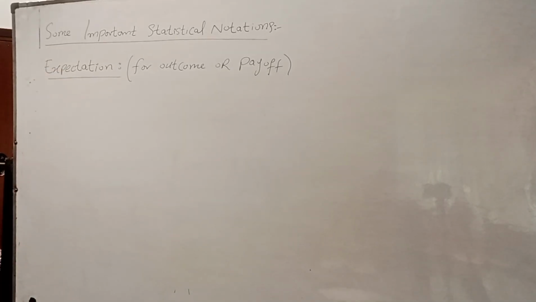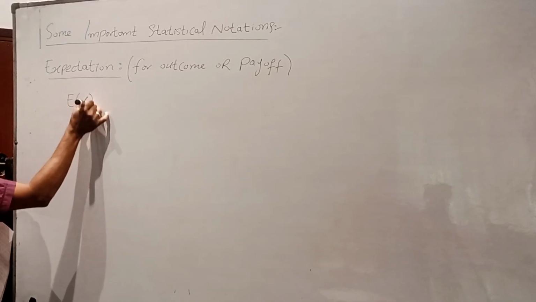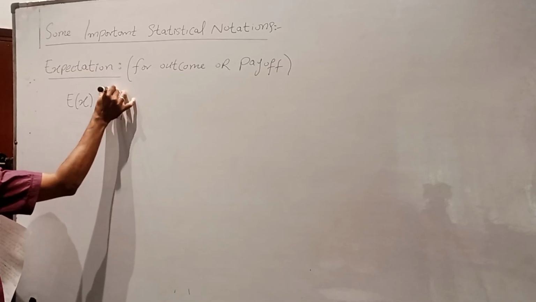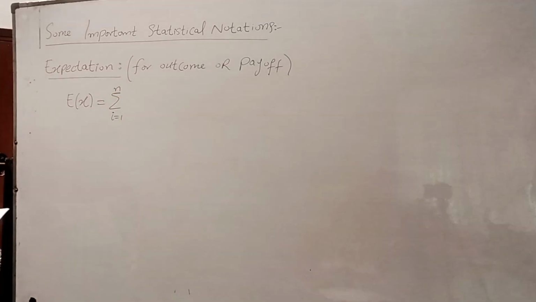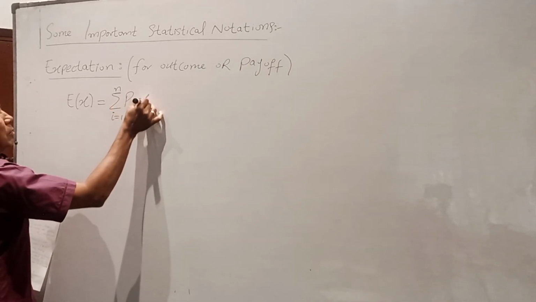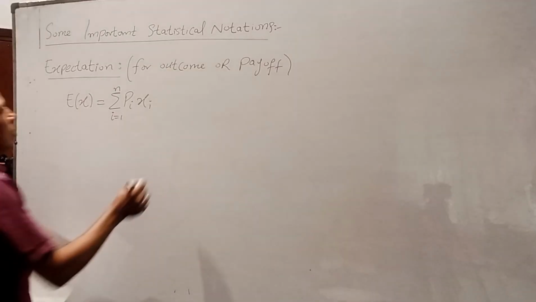Expectation for outcome, about outcome or payoff. So, what is your expectation, the expected value? Here, xi, for the discrete case.